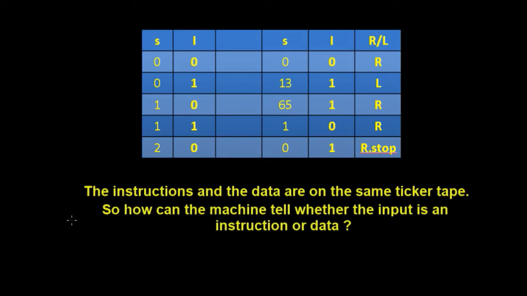So we're going to have some sort of code in order to allow the machine to tell the difference between the instruction and the data, which all sits on the ticker tape. So it's all the zeros and ones all together. So let's go ahead and we'll see how to do that.